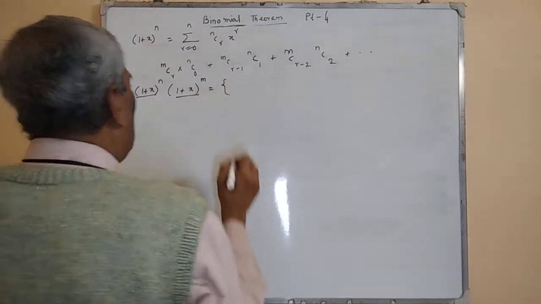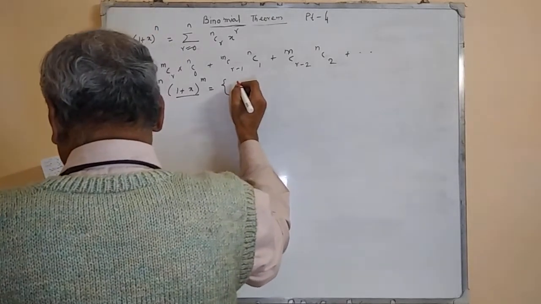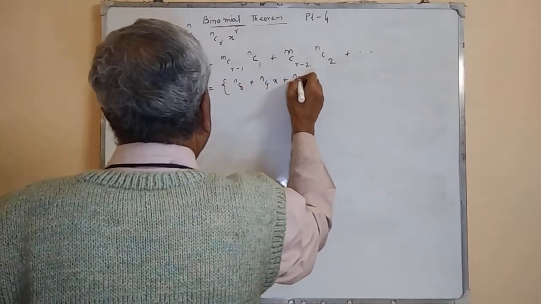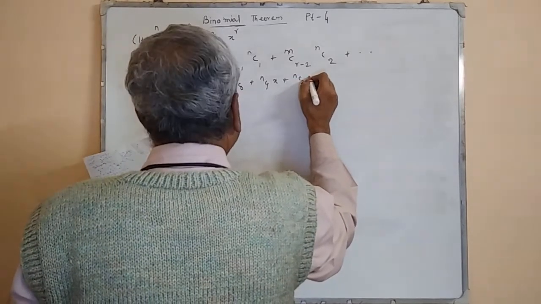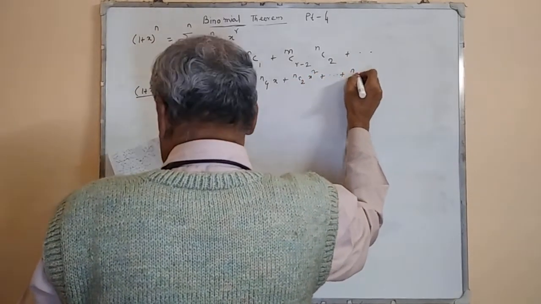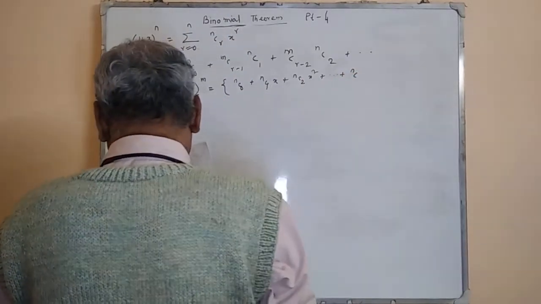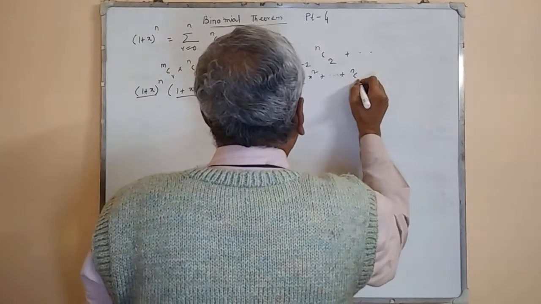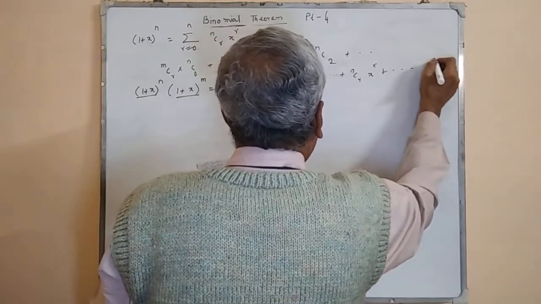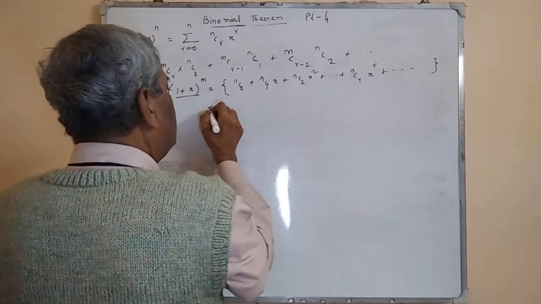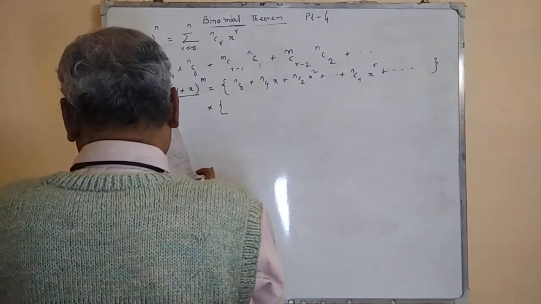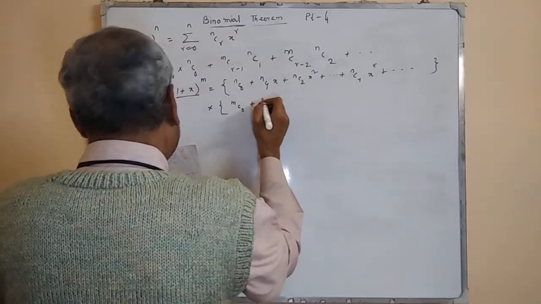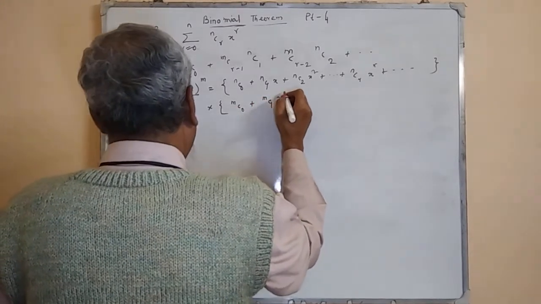It is equal to 1 plus x to the power n, which is nC0 plus nC1 into x plus nC2 x square plus nCr x to the power r, into the second one to the power m, which is mC0 plus mC1 x.